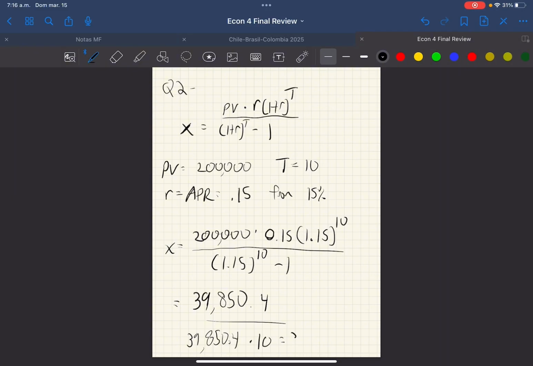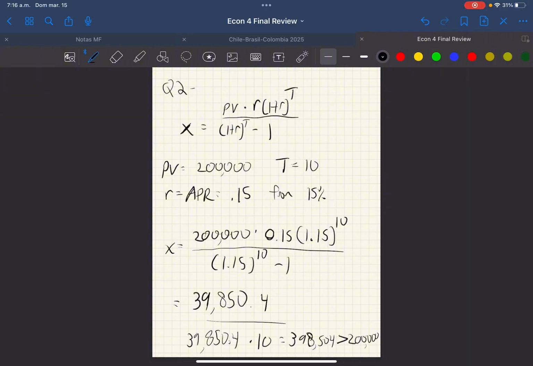I'm getting 398,500. And this is greater than 200,000.